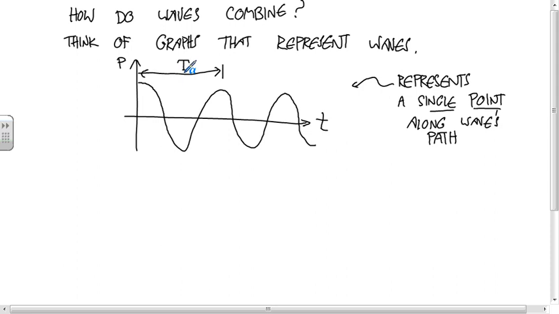And the other thing we can look at is position versus x, okay?